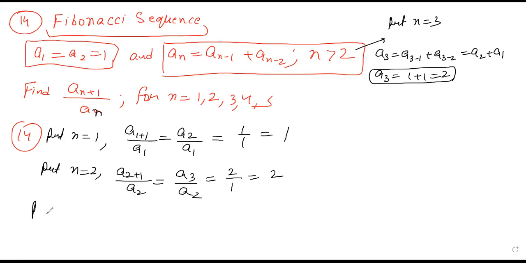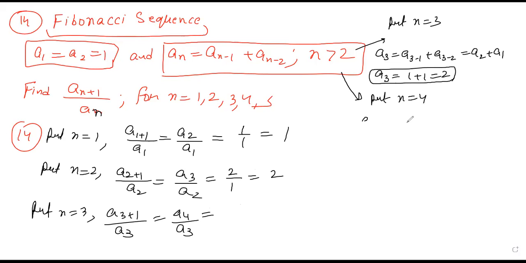Now students, put N equal to 3. So 3 plus 1 and A3, that is A4 by A3. What is A4? We have to find A4 here. So put N equal to 4. We are getting A4 minus 1, A4 minus 2, that is A3, A2.